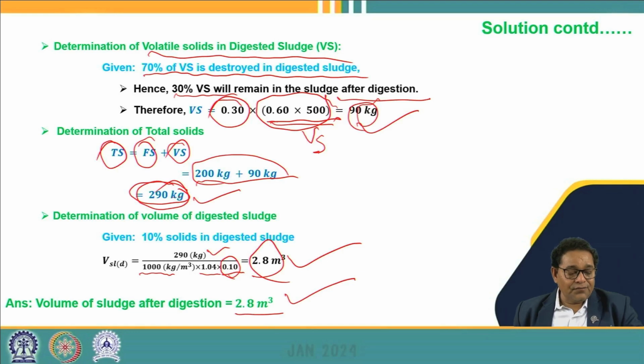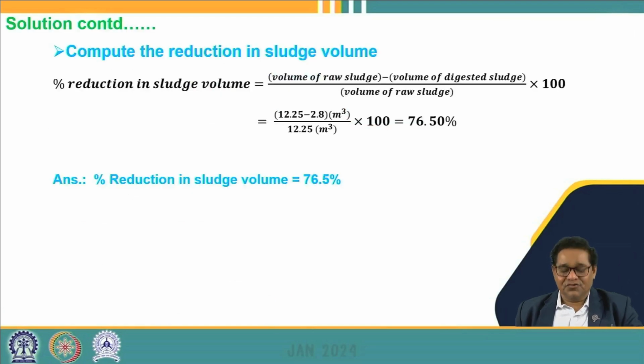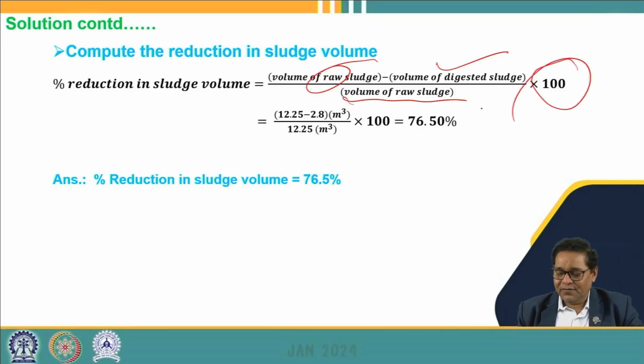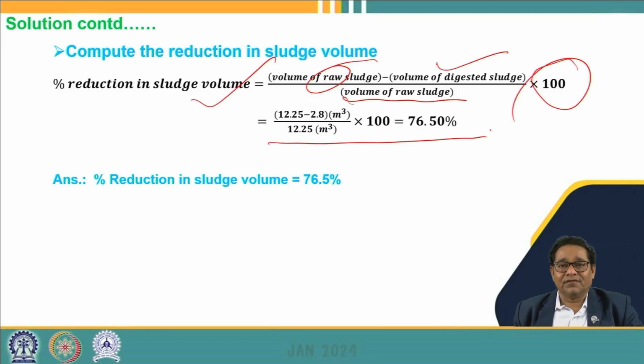So now let's see how much volume is reduced: volume of the raw sludge in the beginning minus volume of the digested sludge, divided by volume of the raw sludge, into 100. If we use this relation, we get the percentage of sludge volume that is reduced.